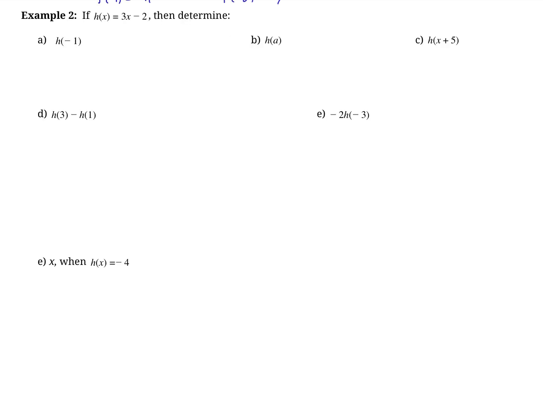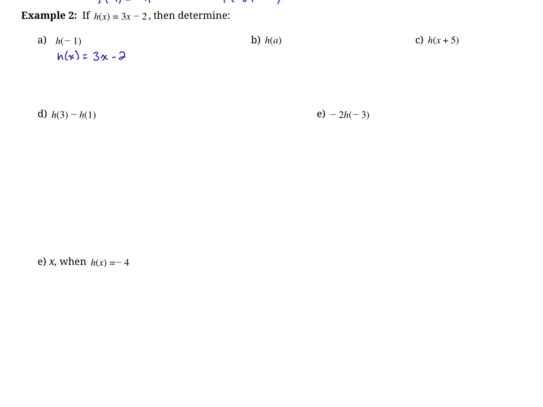Sometimes another letter is used to represent a function. It's not always f. In example 2, we're using h to represent this function. So the function is h at x equals 3x minus 2. And in part A, we're trying to find the function h at negative 1. So we're starting off with a function h at x is equal to 3x minus 2.